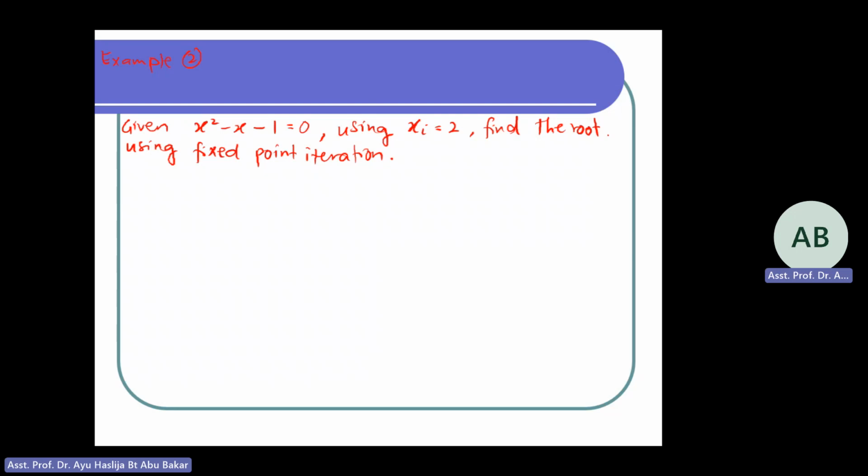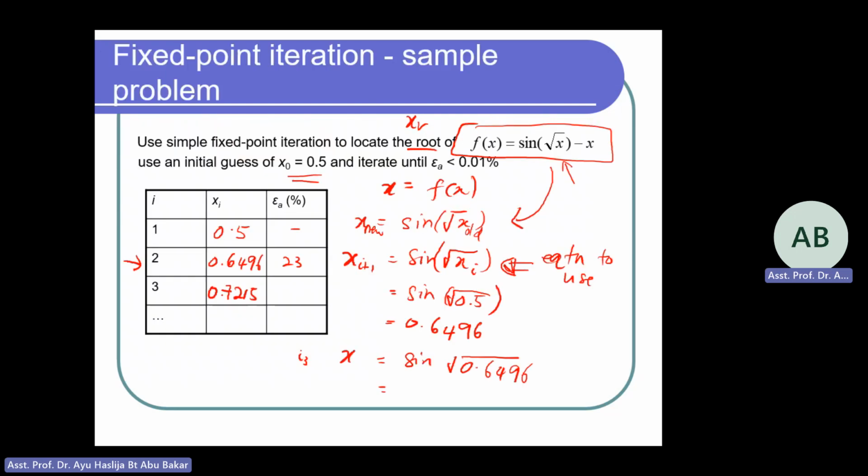Okay, before we proceed to this example, for the previous one, your final answer for XR is 0.7686. So if you maintain 4 decimal points from the beginning, you will need to iterate until the 11th iteration.